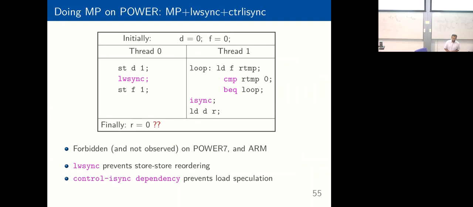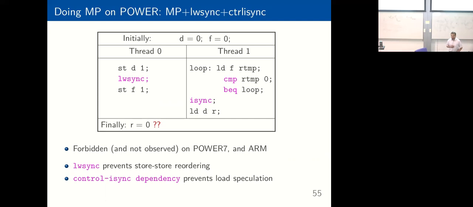I'll write stw, lwsync and stw, and lwz. It's just assembly, and hopefully, even if you have never seen Power assembly before, this should be fairly self-explanatory. It's exactly the message passing example from before. You do a store of 1 to D, you do a store of 1 to F, and on the other thread, you do in a loop, read that value until the value changes, and then you do a load.